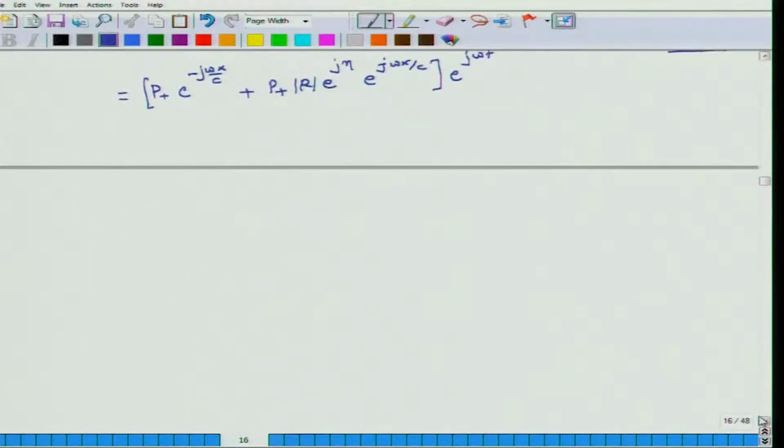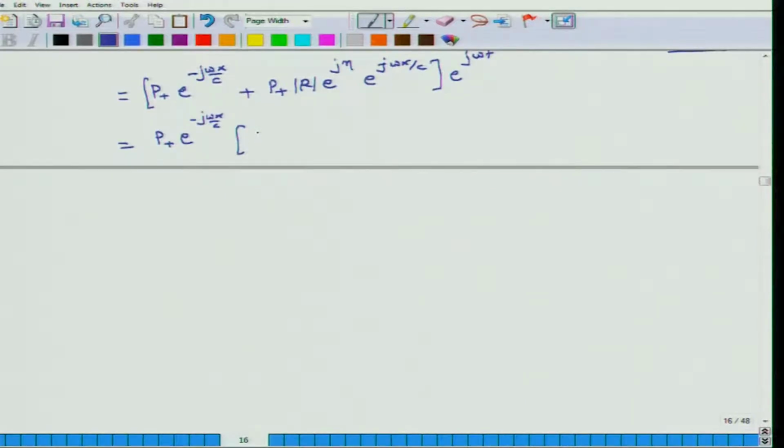Okay, and I can rearrange this, so I can bring P plus out, and I can also take e to the power of minus j omega x out.